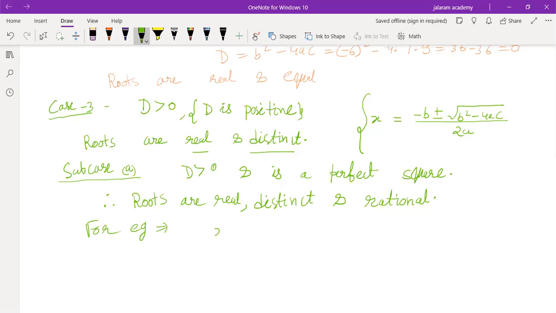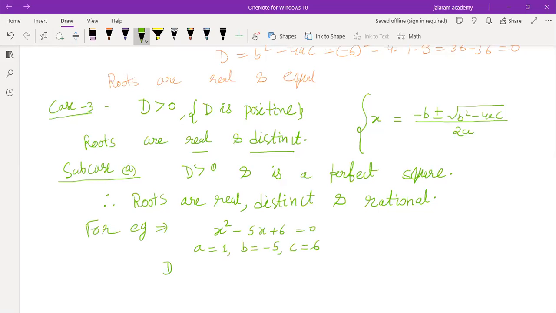if we write x square minus 5x plus 6 equals to 0, find the discriminant for this. First find a equals to what? 1. Okay. B equals to minus 5. C equals to 6.